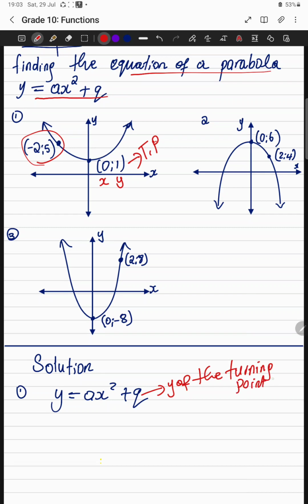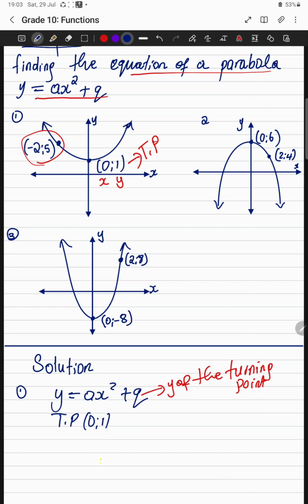Now from here, we take those coordinates, (0, 1), and we say turning point, which is (0, 1). Now it's simple, guys, you just take the y value here, which is 1, and put it in the place of q.